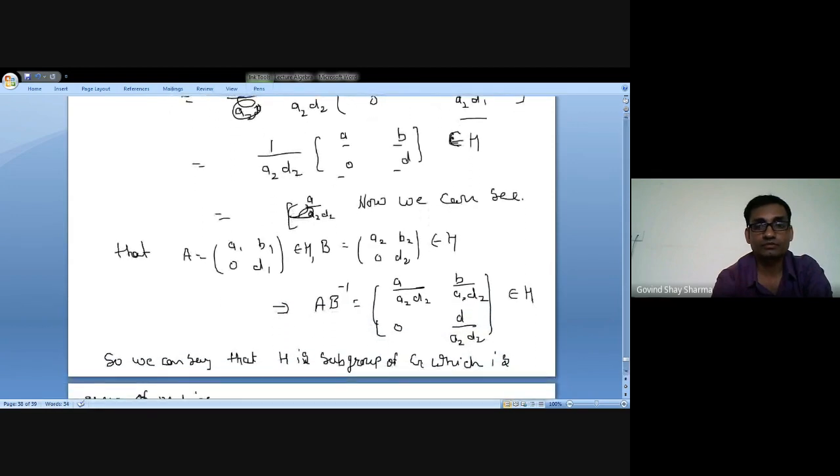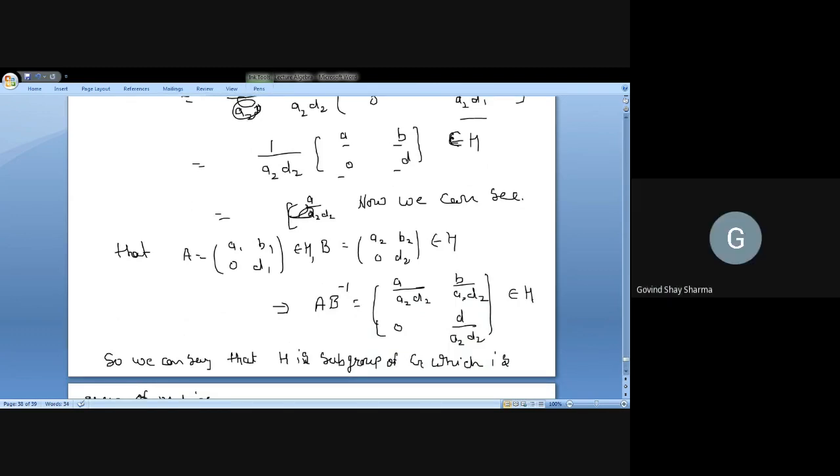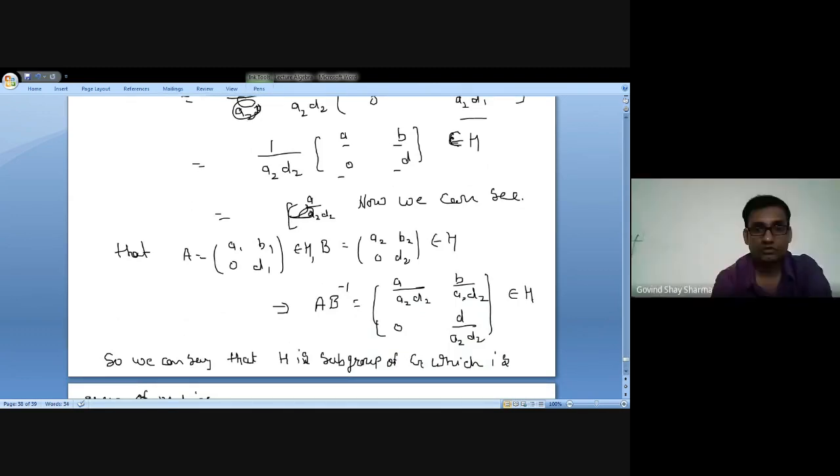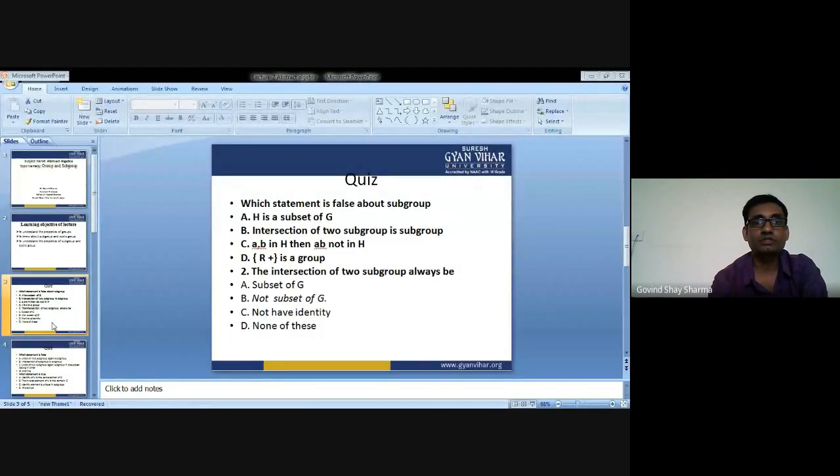Okay, students, now I go back to the page. Some very fundamental questions are there which you can easily do. This statement is about subgroups.